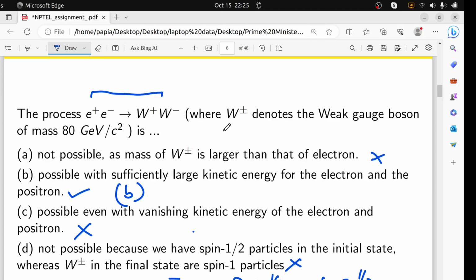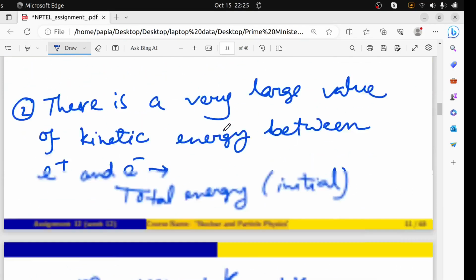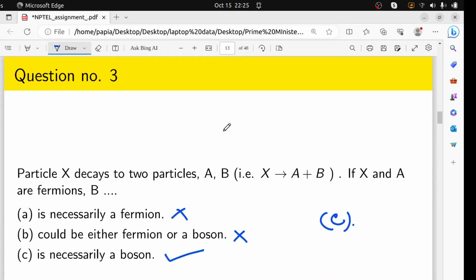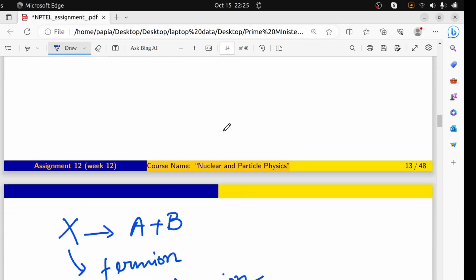This will be the correct one, option B. Now coming to question number 3. Particle X decays to 2 particles A, B, that is X is going to A plus B. If X and A are fermions, B is necessarily a boson due to the spin momentum conservation.